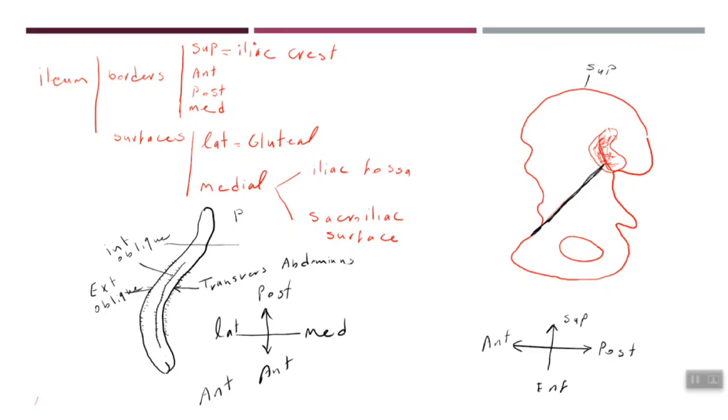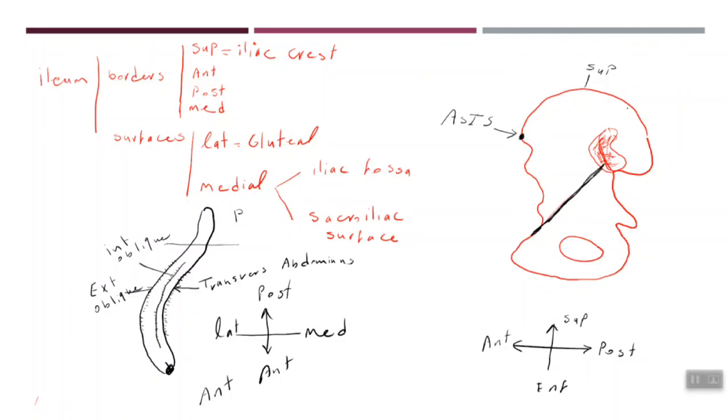At the most anterior part of the crest, in the cross area between the iliac crest and anterior border here, we have one important landmark. That name is the anterior superior iliac spine or ASIS. This is the most important landmark in here, and you can detect it in some patients.